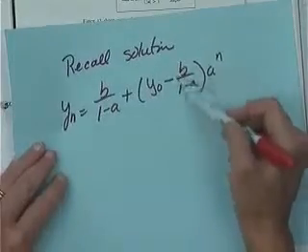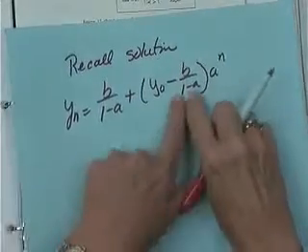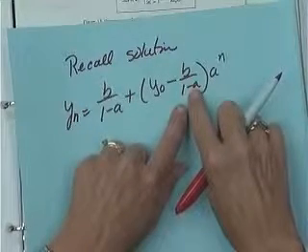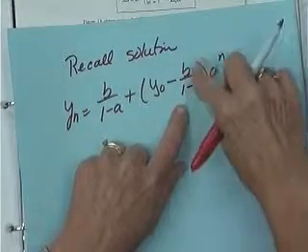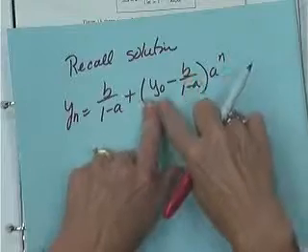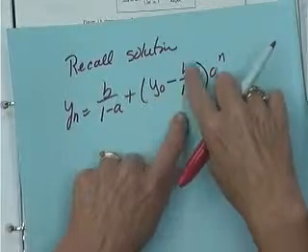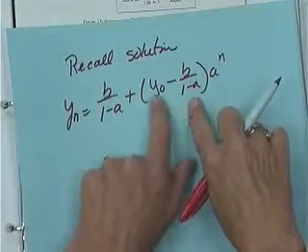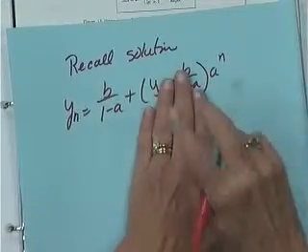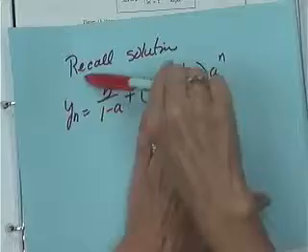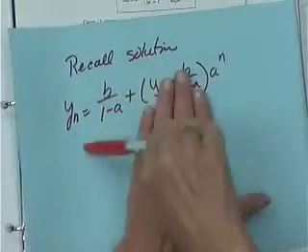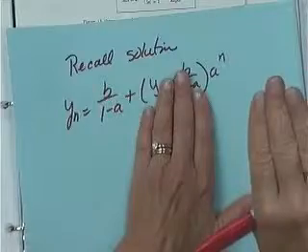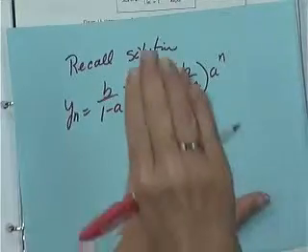All right, now notice where that is in the solution. What happens, we're just thinking ahead, we're using what are called critical thinking skills. What happens if y sub 0 is going to be exactly equal to b over 1 minus a? That term becomes 0, and y sub n is always going to be equal to b over 1 minus a, and what kind of graph do you bet you're going to get?